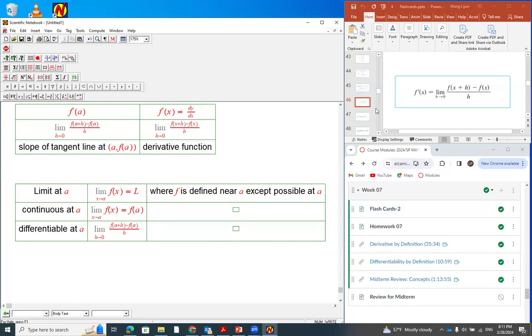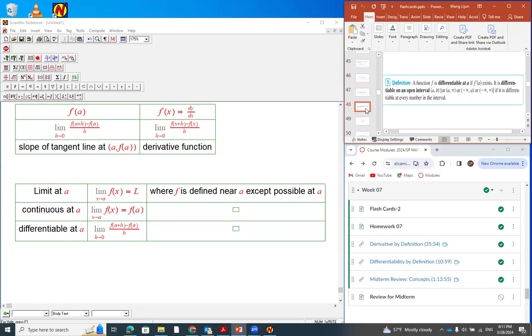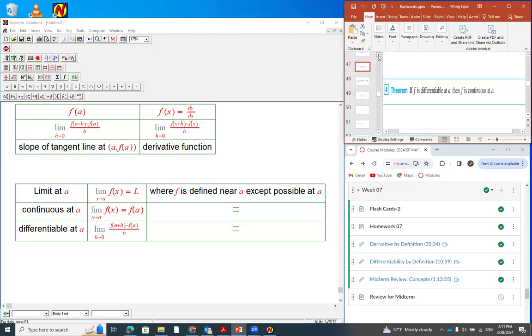We have a very important theorem I wish to mention, which we proved in class: differentiability guarantees continuity. Let me find it. There. This theorem: if f is differentiable at a, then it's continuous at a.